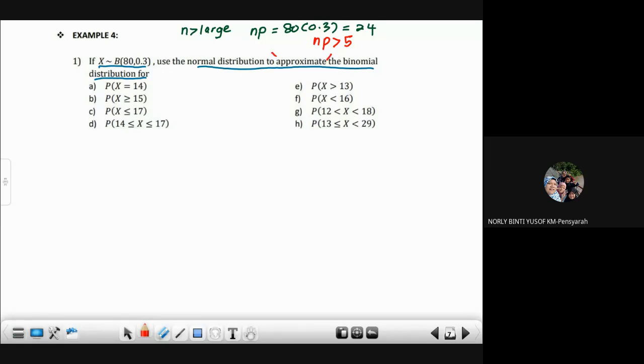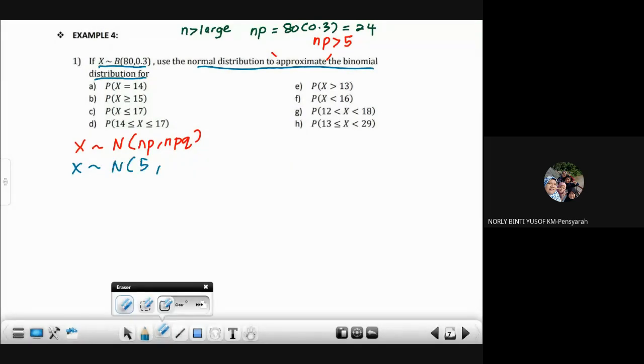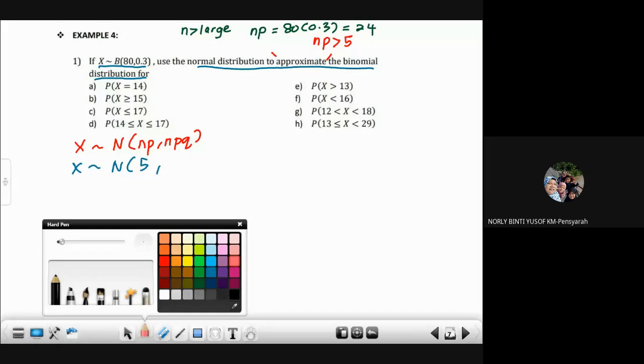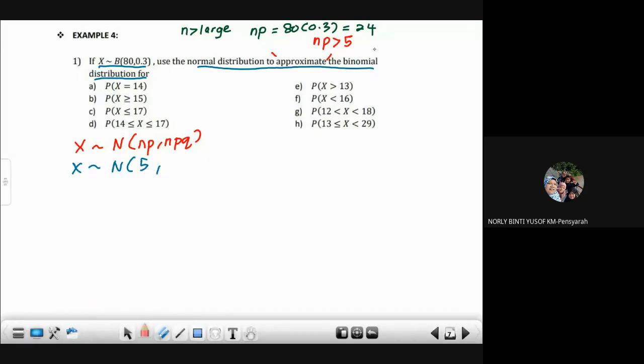Okay, tapi kita kena tulis lah distribution dia kan. Normal, NP tu kena kira lah kan. NP tu adalah your mean. Ni generally, tapi bila dah tahu terus je tulis dalam nilai. So normal NP, nak cari NPQ kena kira lah. So bila you buat approximate normal kepada binomial, you kena kira NP, NPQ. Kenapa? Sebab that is your parameter in your normal.